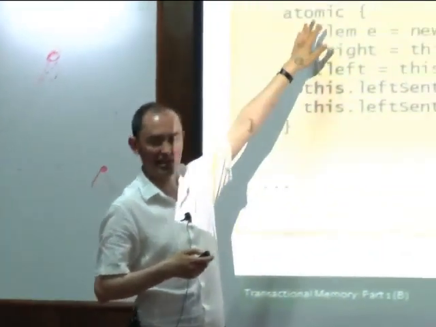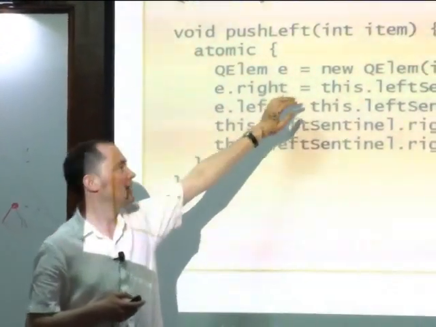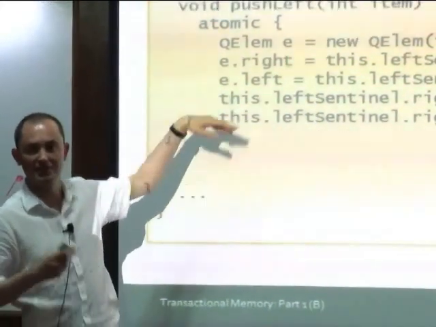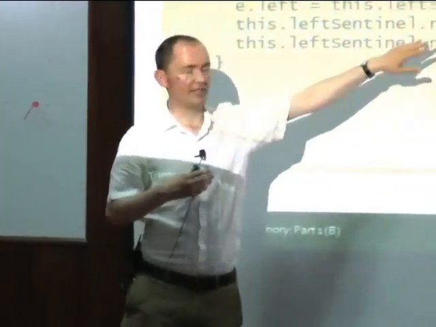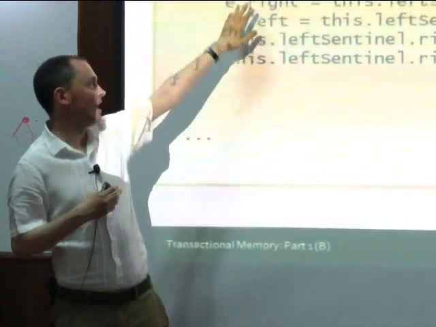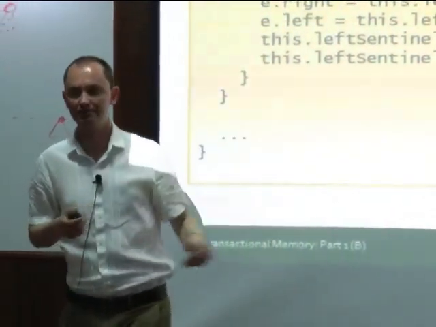To put an item onto the left-hand end of the queue, we allocate a new queue node. We then update a lot of pointers to link that together, making the left sentinel point to the new node that we've allocated and making the previous left-hand node of the list point to our new one.